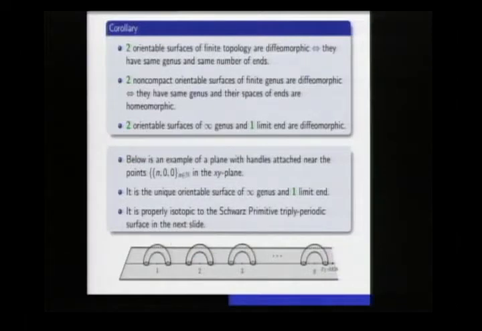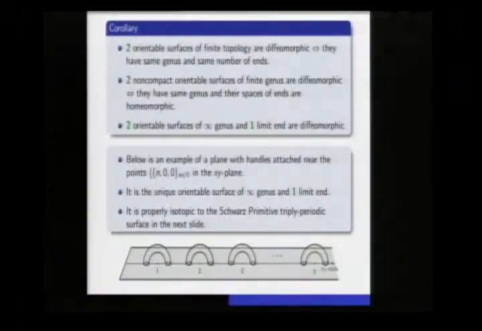Okay, so what are some simple consequences of that? Two orientable surfaces of finite topology are diffeomorphic if and only if they have the same genus and the same number of ends. That's certainly easy to see, right? You draw that simple exhaustion, you have a finite number of pairs of pants. You can make the pairs of pants happen first, or you can do all the genus first, and then add the pairs of pants.